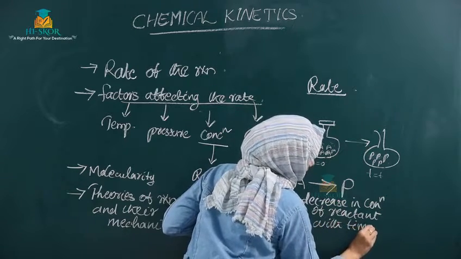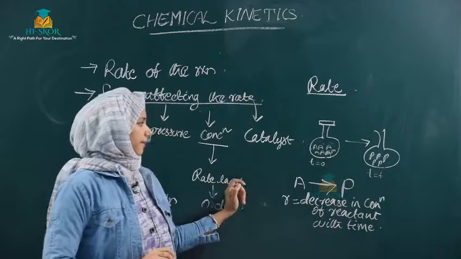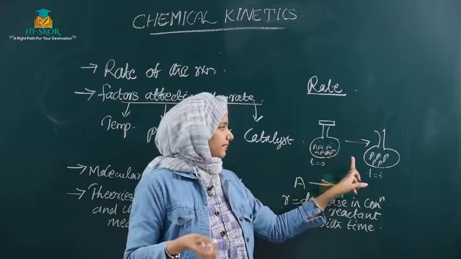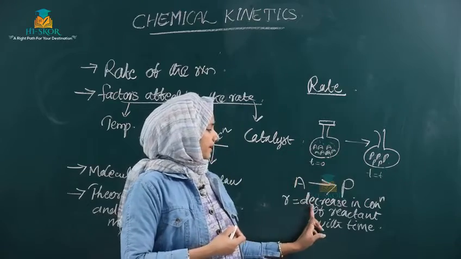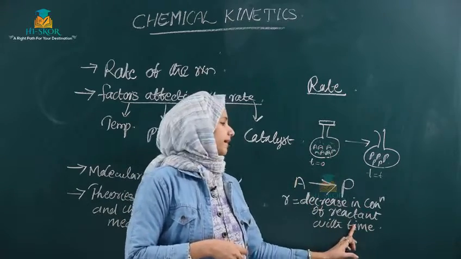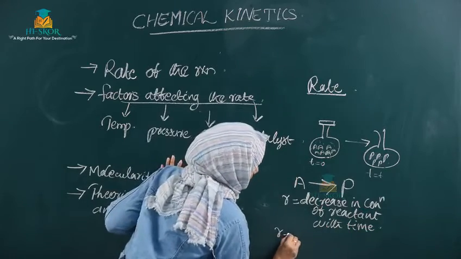That is what we call rate. Because the reactant molecules go on decreasing while proceeding the reaction, that's why I am saying decrease in concentration of reactant with respect to time.